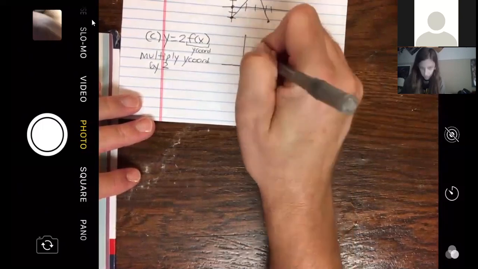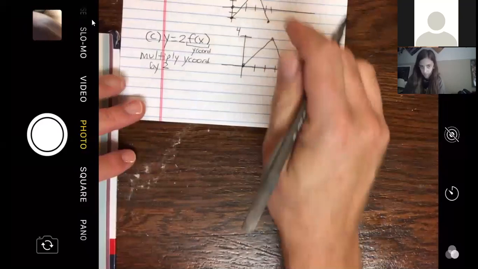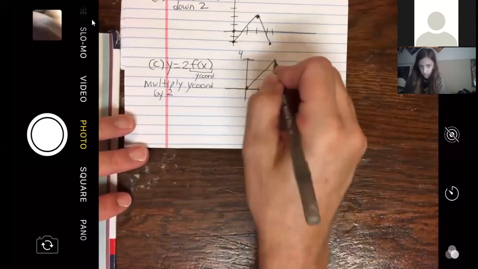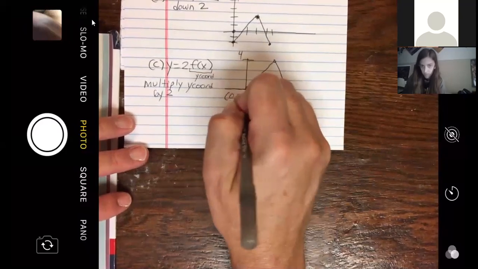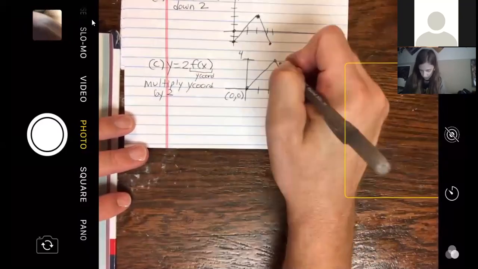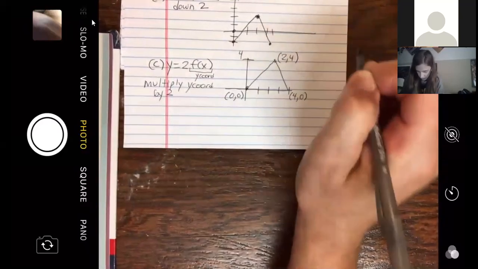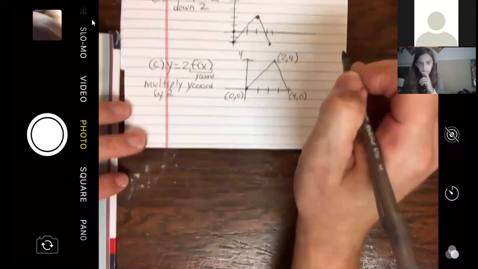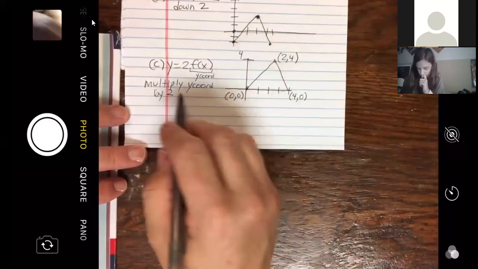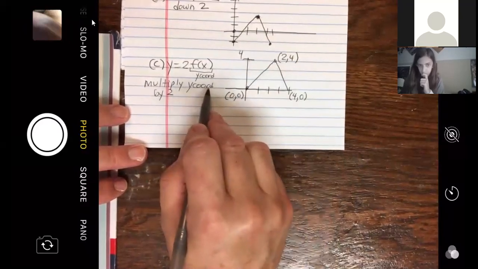This went up 4, and you're through the origin here. So I write down the coordinates at each of these strategic points: 0, 0, you're at 4, 0, and you're at 2 and 4.